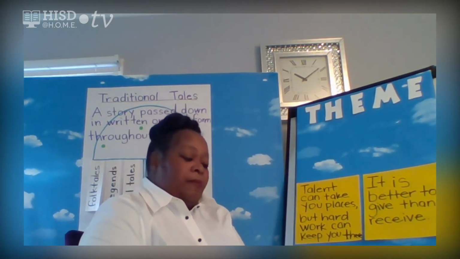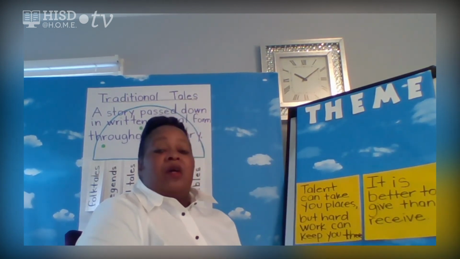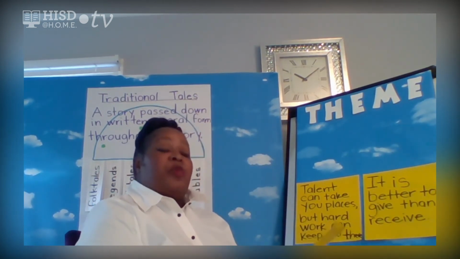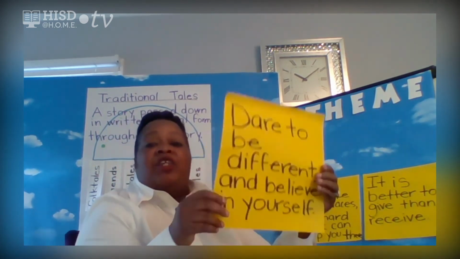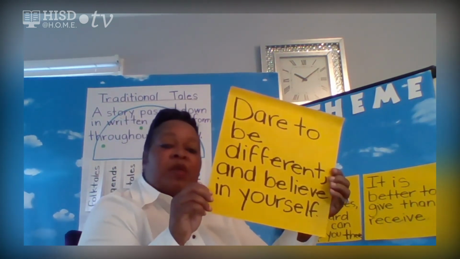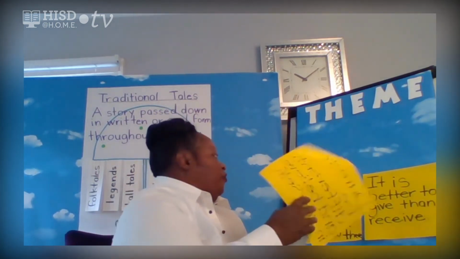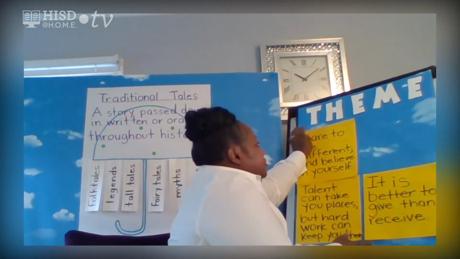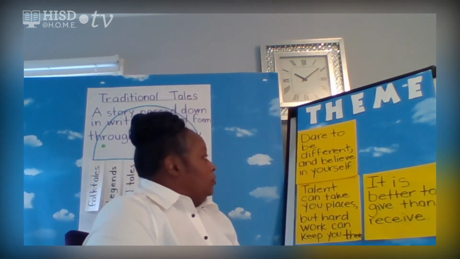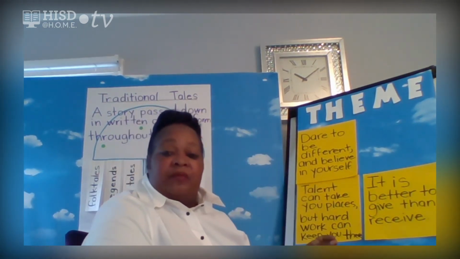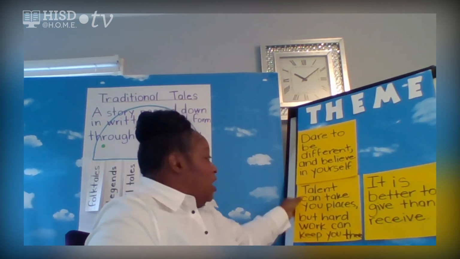Here's another theme. Remember, one story can have multiple themes. Dare to be different and believe in yourself. We placed that on our theme board. Jack was different, and he believed in himself.